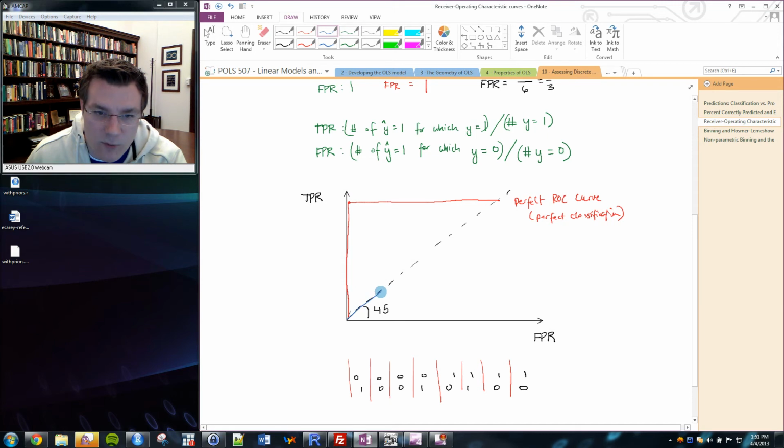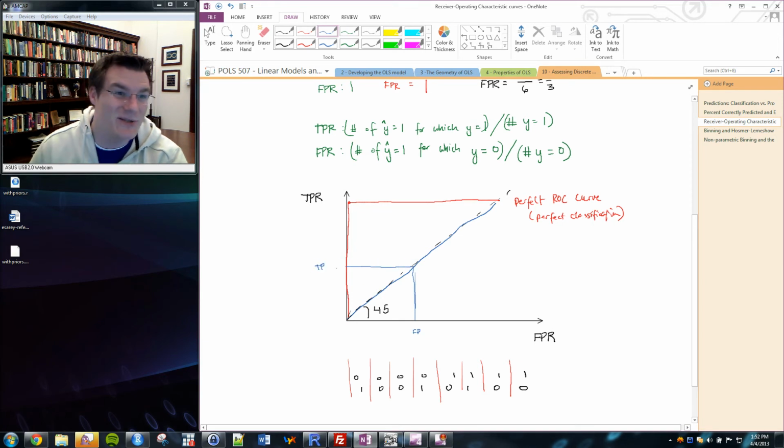And coin flips will follow this 45-degree line, with the idea that any number of false positives will be the same as the number of true positives, because the positives are just being determined by chance. In other words, I'm shooting randomly, and 20% of the time I hit the right targets, and 20% of the time I hit the wrong targets. I'm just hitting totally at random. My classifier has no discriminating capability.